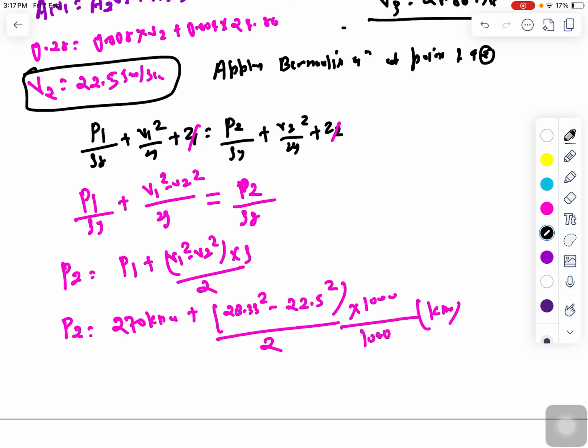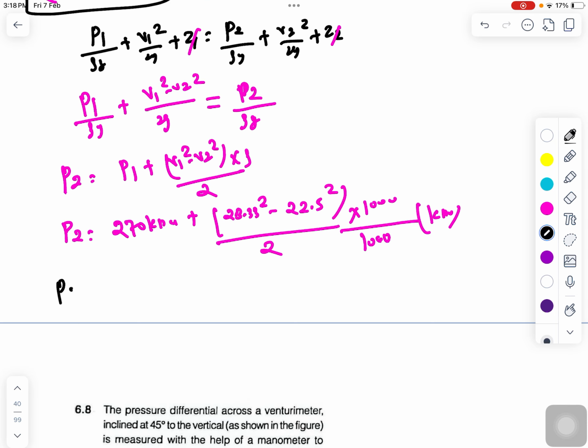So if I calculate these things, you will be getting the value of p2 as 289 kilopascal.